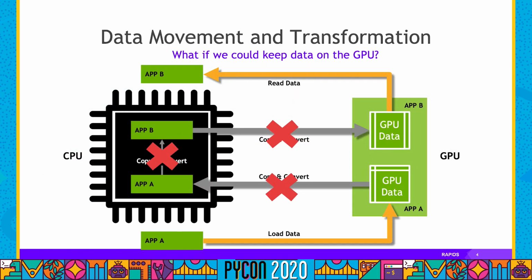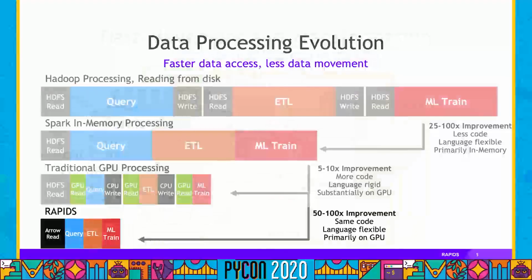But what if we don't have to do that movement? What if we could keep the data on the GPU and eliminate or minimize as much as possible the data that transfers back and forth across host memory from GPU to CPU? And that's the idea of Rapids.